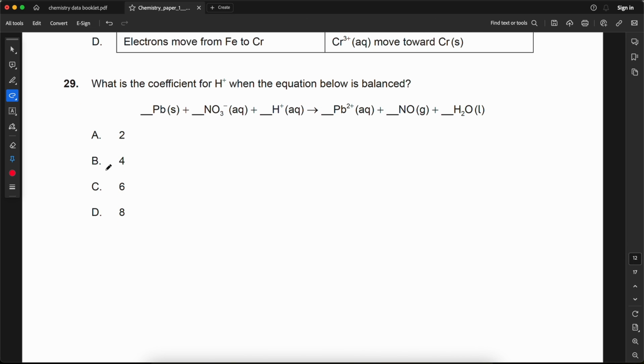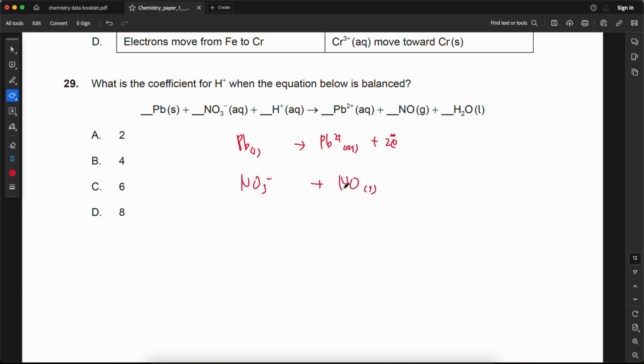What is the coefficient for H plus when the equation below is balanced? You need to make the half equations. We have Pb to Pb2 plus aqueous, so this here will be 2 electrons, and then the charges are balanced. Now we have NO3 minus and NO gas.